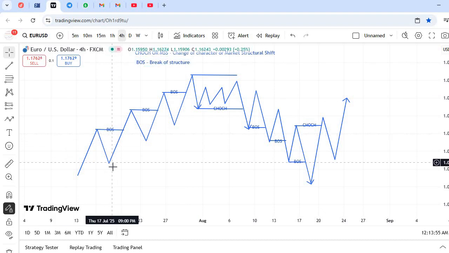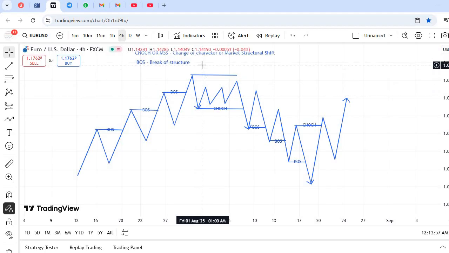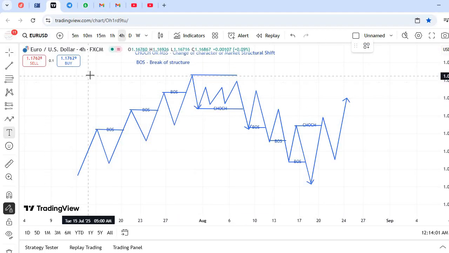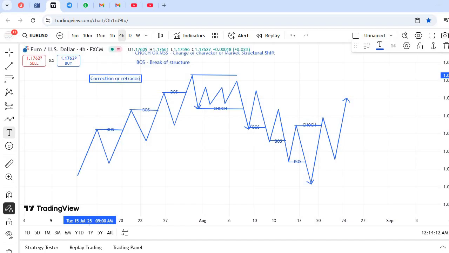So we have the correction. Okay, let me type it here so that you can see it. Correction or retracement or pullback.